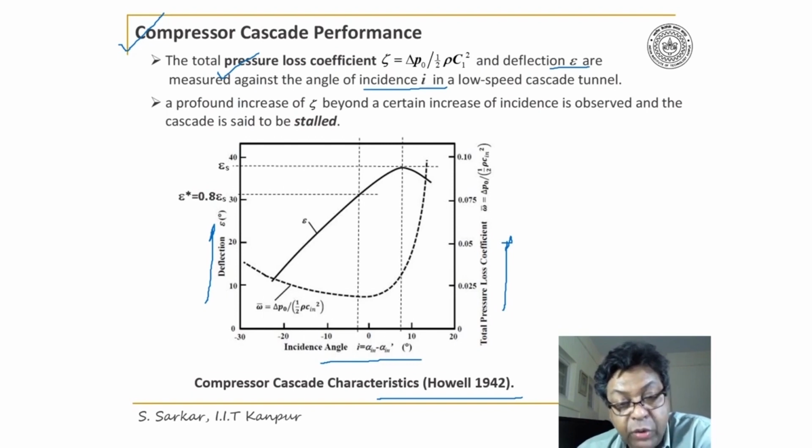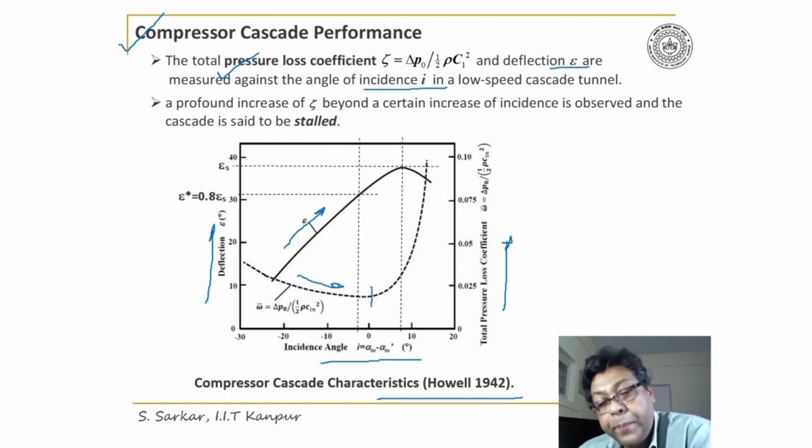Now suppose we increase the angle of incidence from minus 20 degree. Then note that the pressure loss coefficient decreases while deflection increases. At some point the pressure loss becomes minimum, and after that the pressure loss tends to increase.